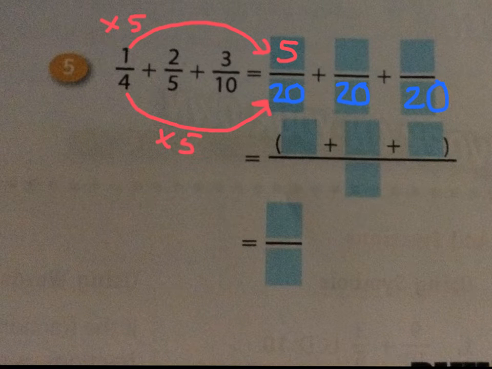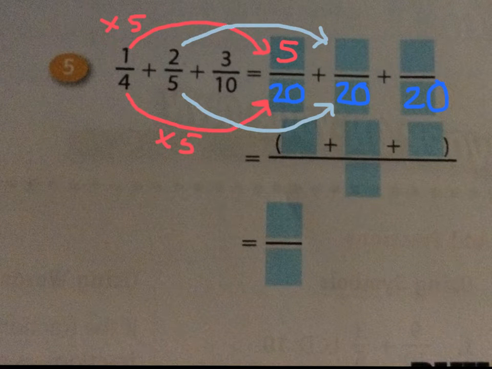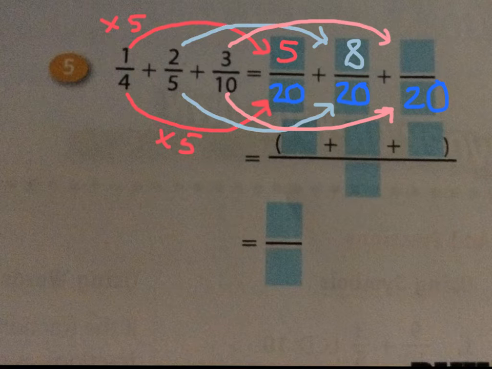Then we're going to say 5 times what gives me 20, which is 4. So then we're going to multiply 2 times 4, which gives me 8. And then the last one is 10 times what gives me 20, 2. So then we're going to multiply 3 times 2, which gives me 6.